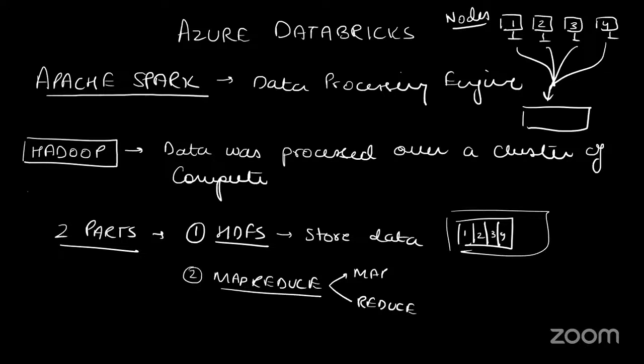Even if data was being processed on this first machine and for some reason this machine goes down, it will keep a record of the data that was being processed on this machine. Your data is not lost. It will try to process that data again. And this was open source, it was scalable. But again, there were several limitations with this model. So let's try to see what the limitations were, which led to the development of Apache Spark.